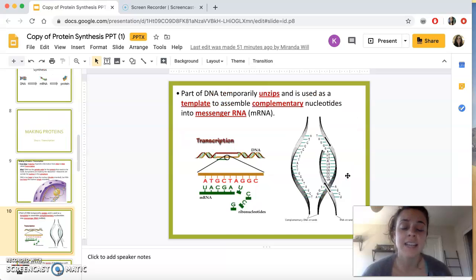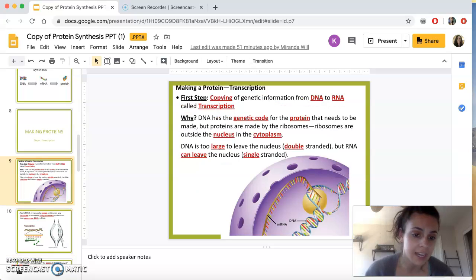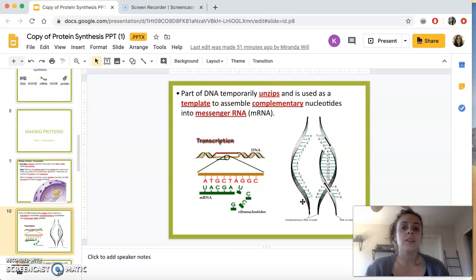So here's how this process works, and you can see it start to happen here. We're unwinding that DNA strand, and part of the DNA is going to temporarily unzip and is used as a template to assemble complementary nucleotides into mRNA. If you remember the last time that we did DNA, we did our licorice lab.